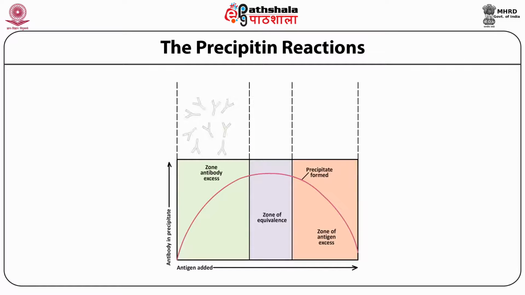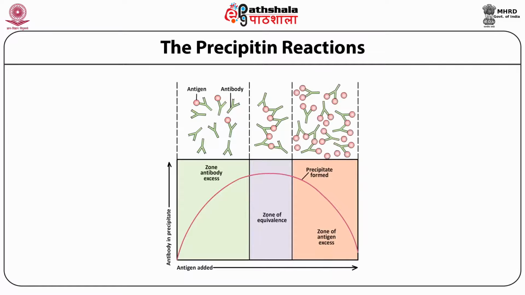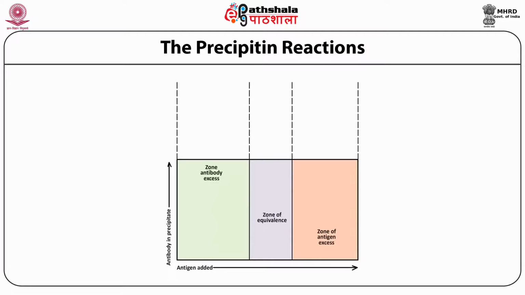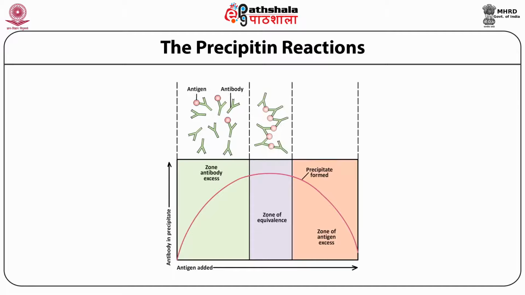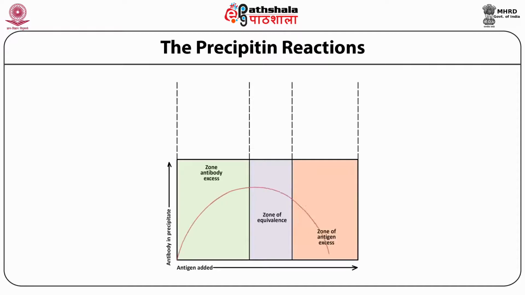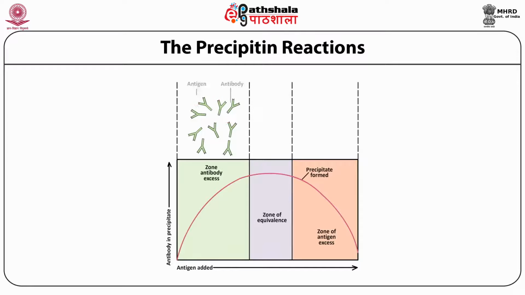zone of antibody excess. So all the antibody is yet to be tied up in the formation of these immune complexes. As you cross the zone of equivalence, which happens when you go on adding antigen, we cross over to the zone of antigen excess.